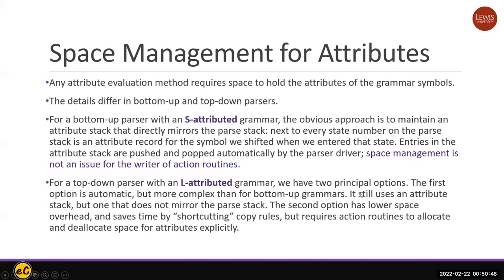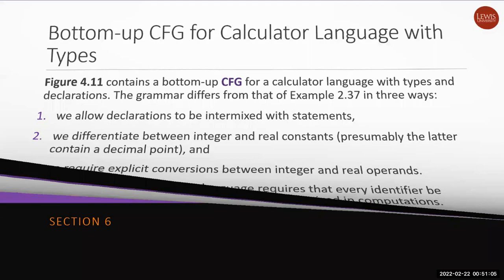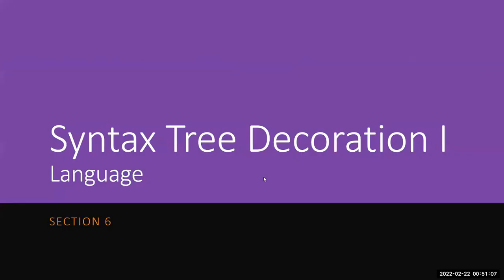The second option has the lowest space overhead, so it has less overhead space, and saves time by shortcutting copy rules. Backtracking is actually wasting resources. Anyway, these are the execution of the attribute flow.